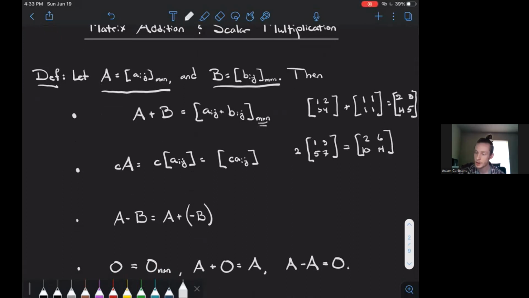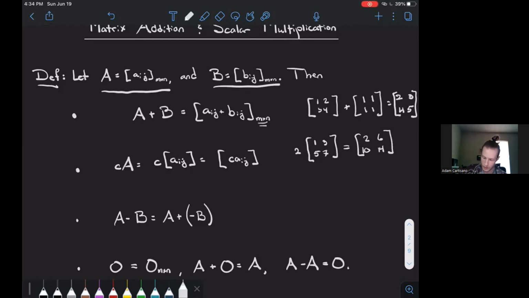Just like with vectors, multiplying by -1 is the same as taking the negative of the matrix, right? You just multiply each entry by -1, but multiplying a number by -1 is the same as taking its negative. So we write minus B for -1 times B, and in that way we can define matrix subtraction.